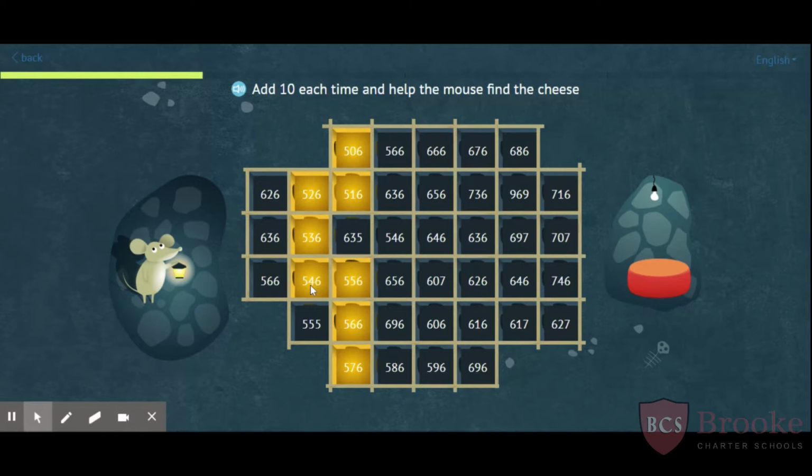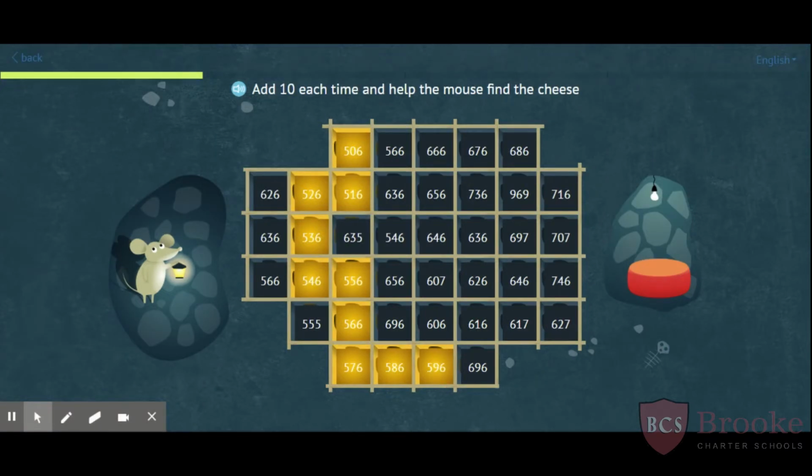Notice those tens going from 4 tens to 5 tens to 6 tens to 7 tens, and next would be, nice job, 8 tens, 586. What number comes next? I agree, 596, because we went from 7 tens to 8 tens to 9 tens.